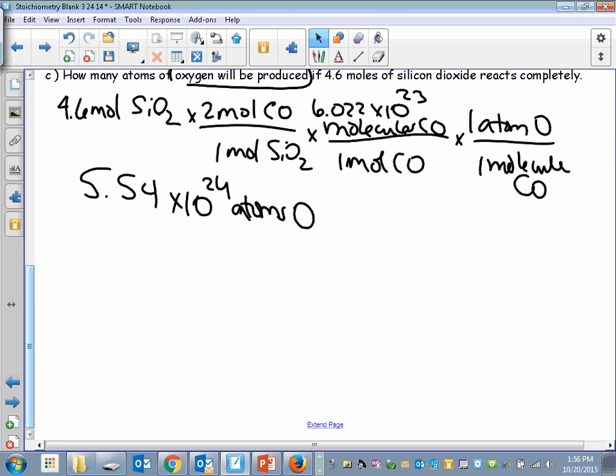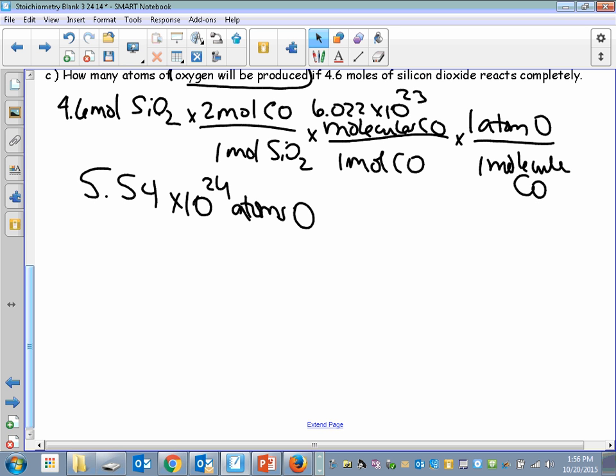Alright guys, look up here for part C, eyes up here. I want to explain the technically correct way. Some of us are going to do it a different way and it's fine as long as you get the same answer. So if you start off with your moles of silicon dioxide and the question says how many atoms of oxygen will be produced, produced means made in a product form. Well, the only place where oxygen is present in product form is in the form of carbon monoxide.